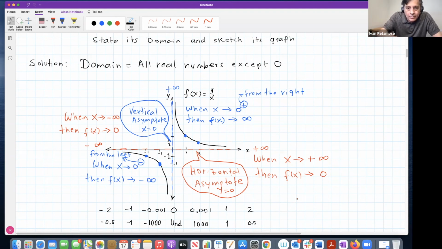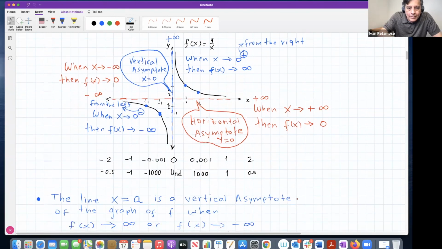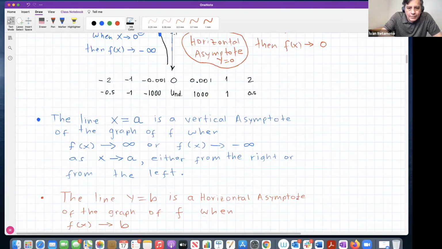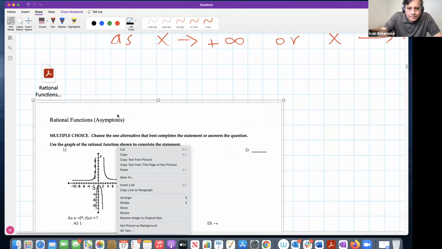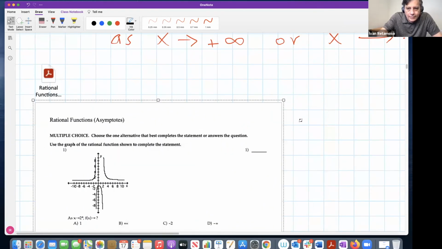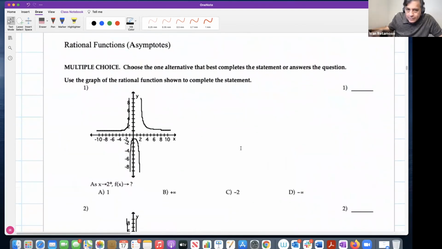All right, for you to get better at this, let me give you quickly a couple of examples. Try to do this using that notation that we just saw. For example, this. Can you try this? It says use the graph of the rational function shown to complete the statement.